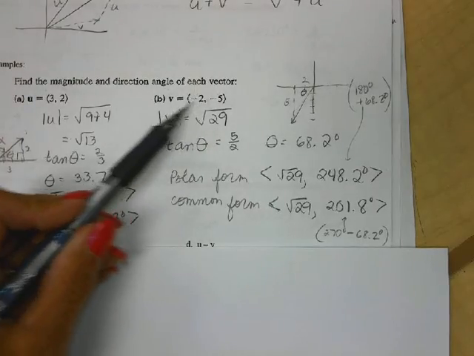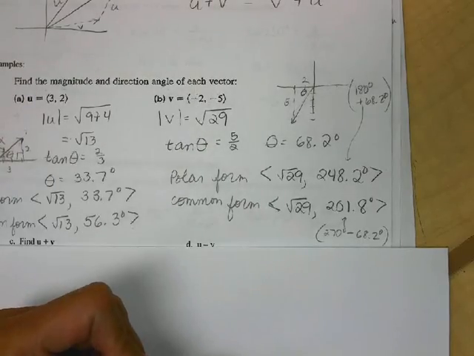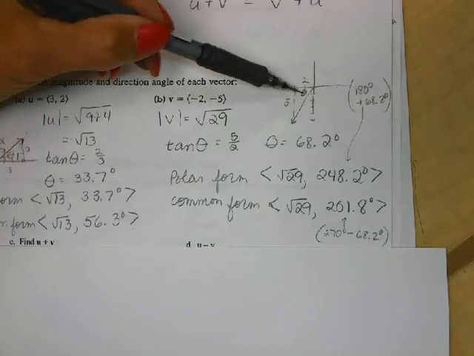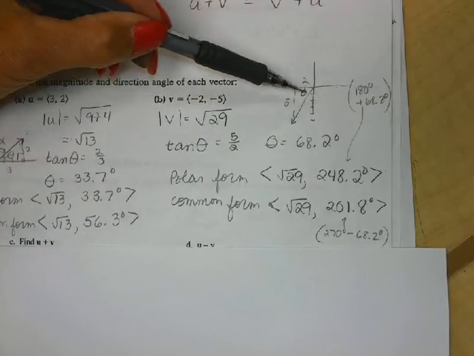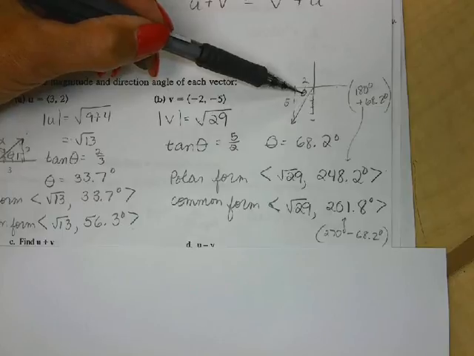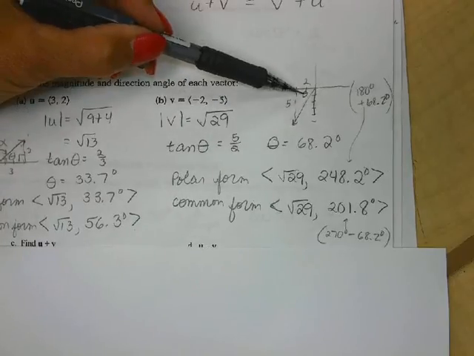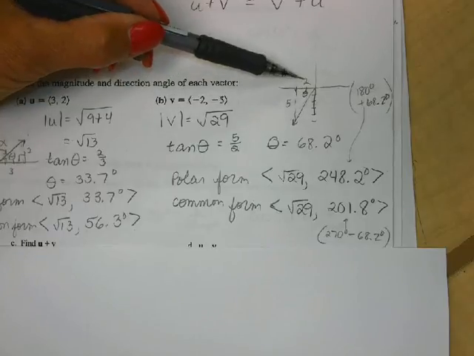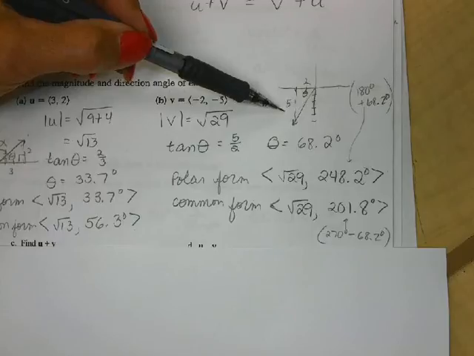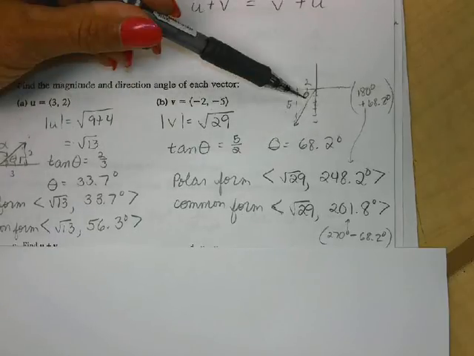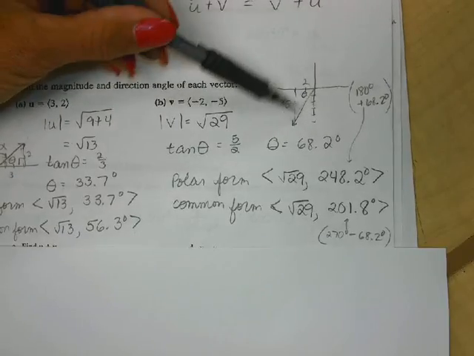Then I'm going to neglect the negatives when I determine what the angle is. I'm actually just going to find this little acute angle, the reference angle, as we referred to before. I'm going to disregard the negatives on the 2 and the 5 when I come up with what this angle is.